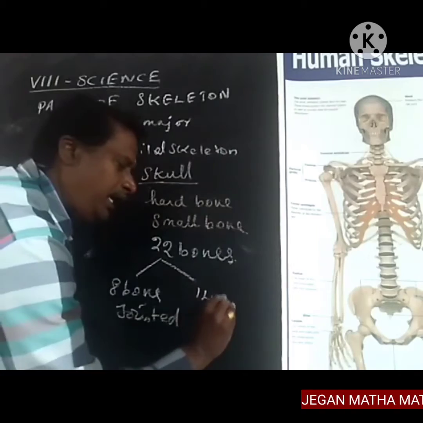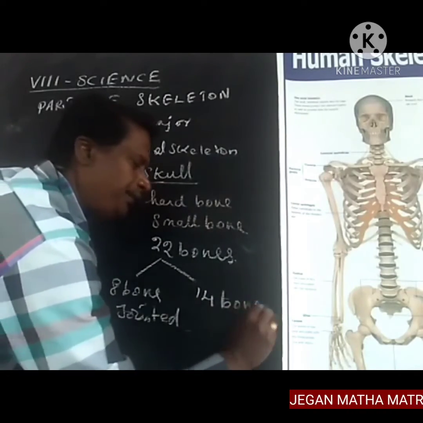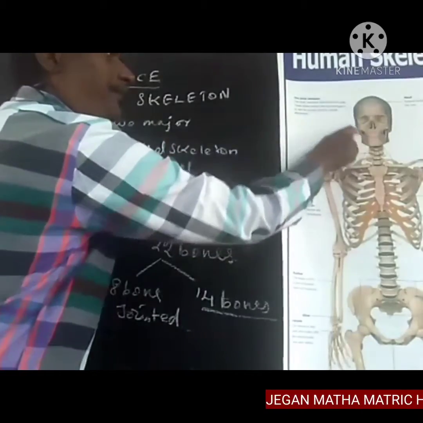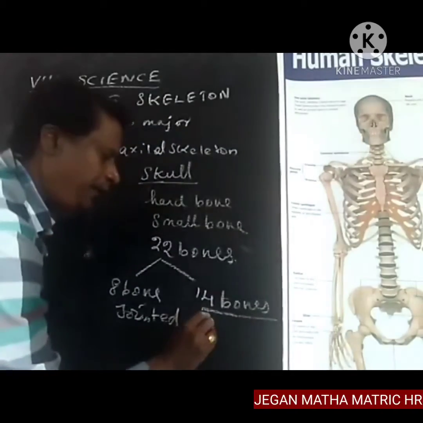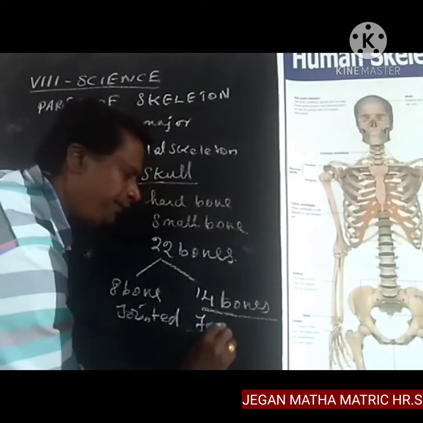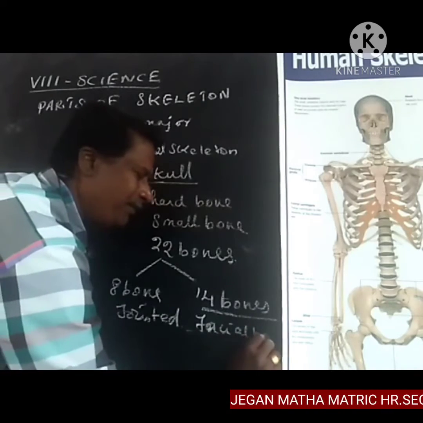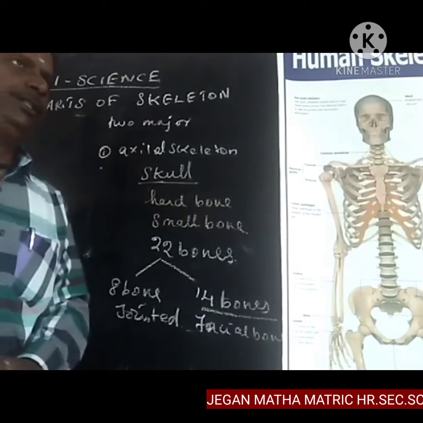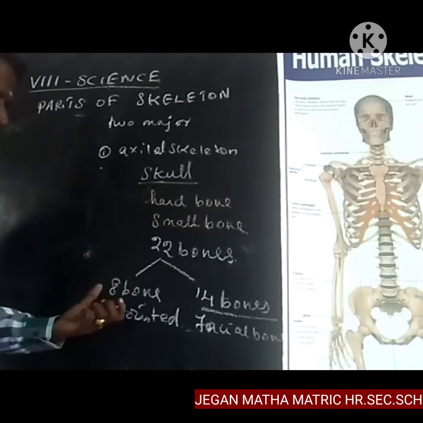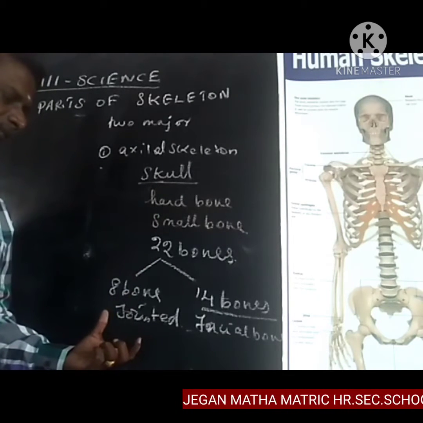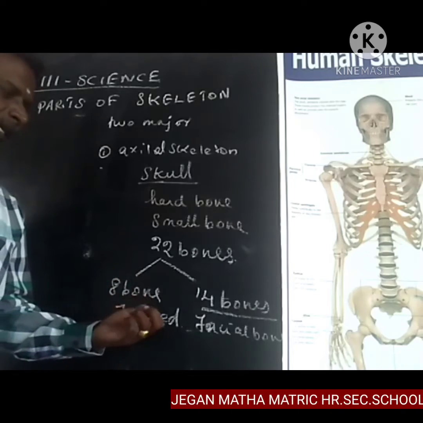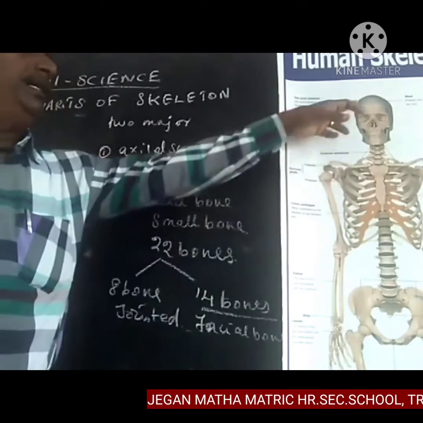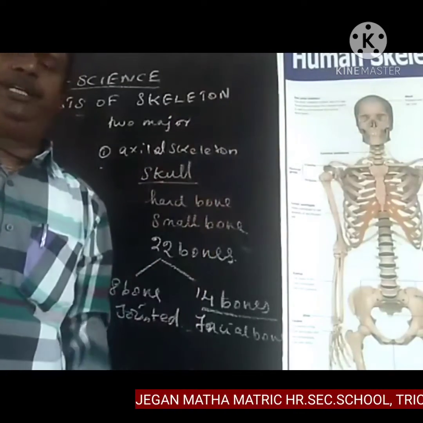Then 14 bones occur in the facial region, in the front. So totally there are 22 bones: 8 in the skull and 14 facial bones.